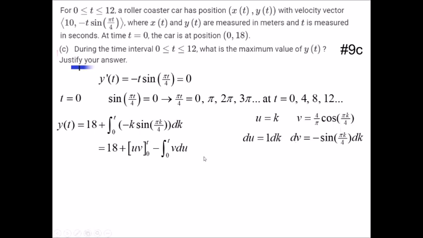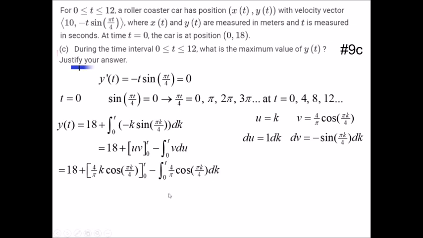Now plugging all this in my box here, uv is going to be 4k over pi times cosine of pi k over 4, evaluated from 0 to t. And now I have to subtract my integral, so that's minus the integral of basically this v stuff times 1.